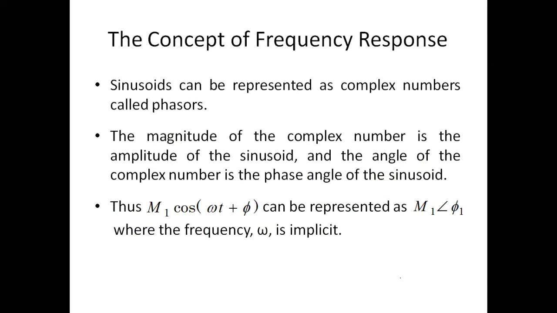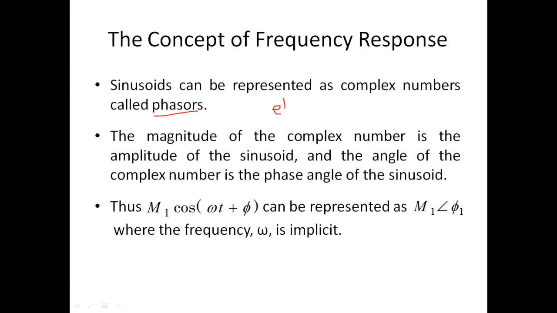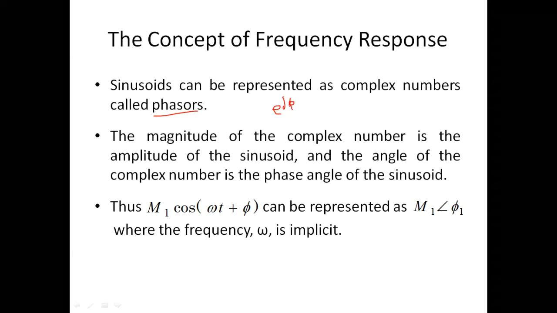So sinusoids can be represented as complex numbers called phasors. We can use the complex representation, for example the exponential j phi. The magnitude of the complex number is the amplitude of the sinusoid, and the angle of the complex number is the phase angle of the sinusoid.